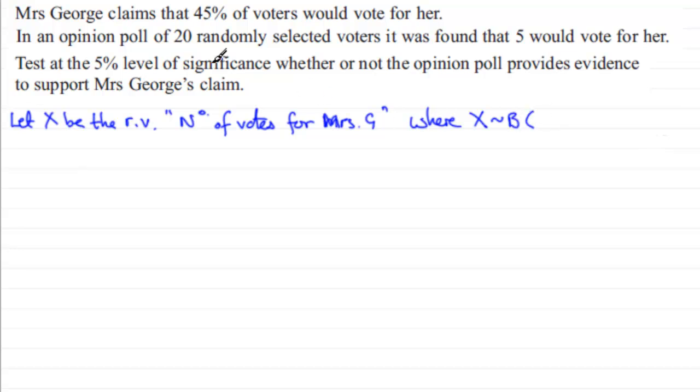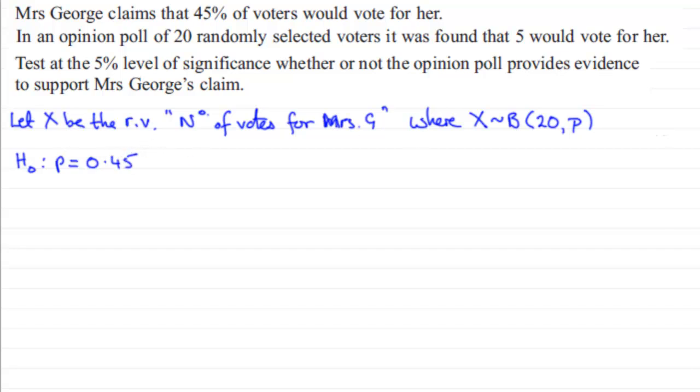We've got a finite number of trials, 20, and two outcomes: someone will vote or not vote. Assuming events are independent and probability remains constant, we're going to call the probability that someone votes for Mrs. George P. And under the null hypothesis, that probability is 45%, or as a decimal 0.45.